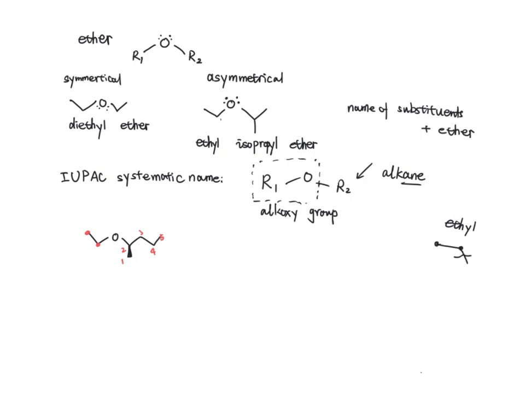If we have an ethyl group, that is two carbons. If we add one oxygen here as an alkoxy group, we call it ethoxy. So OXY as a substituent for the alkoxy group. So that is an ethoxy group, and we have 2-ethoxy.